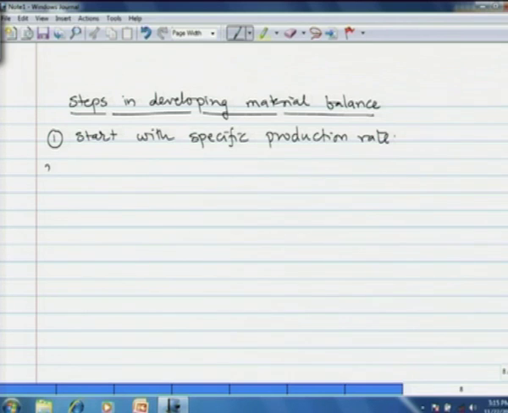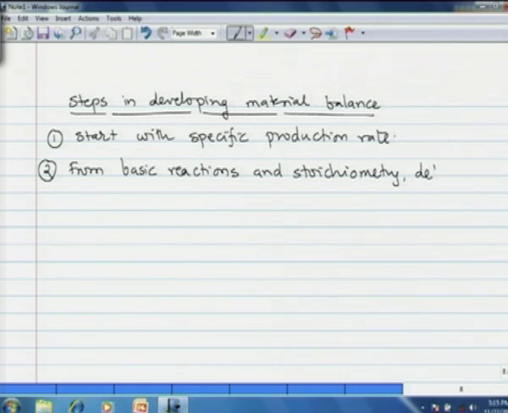Next, from basic reactions of the process and stoichiometry, determine the reactant requirement or reactant flow rate and also the flow rate of all byproducts.